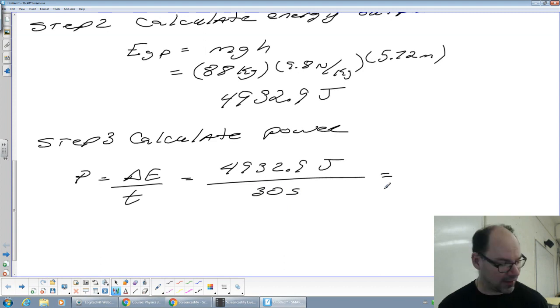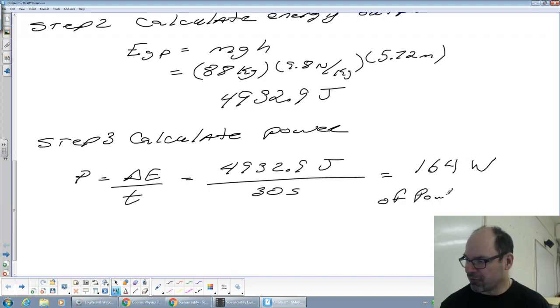So 1 joule per second is a watt, so we're going to get watts here. So divide this by 30. And we get 164 watts of power. So that's what the power production for that 30-second jumping session would have been.